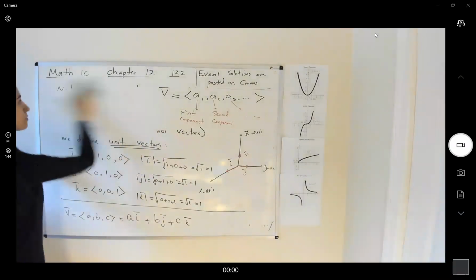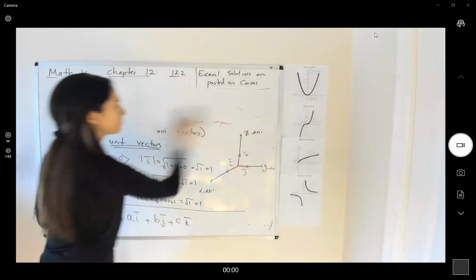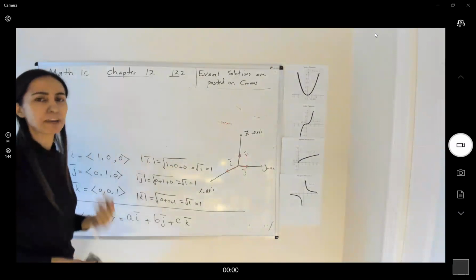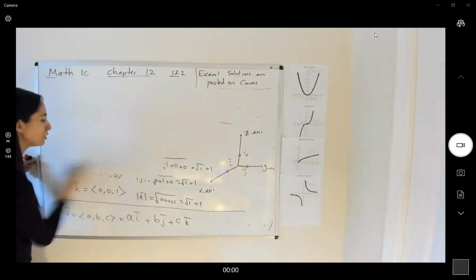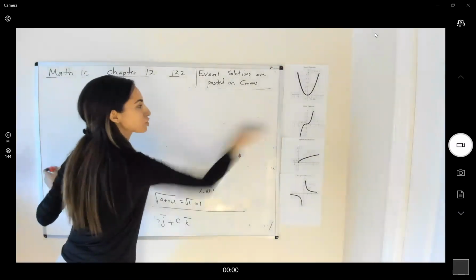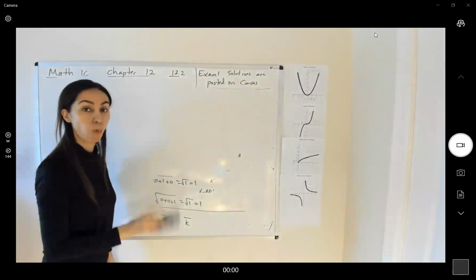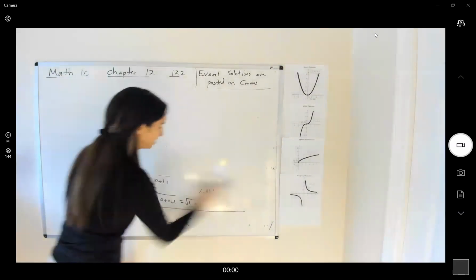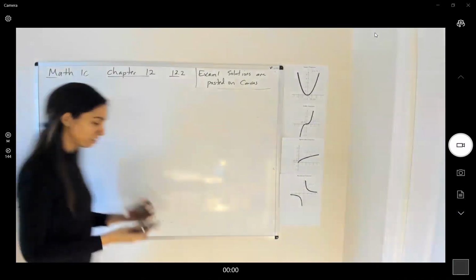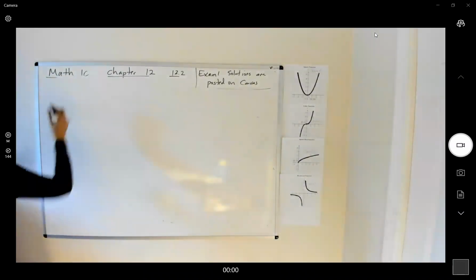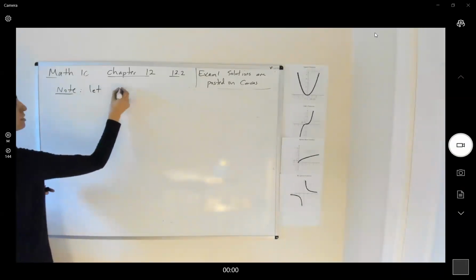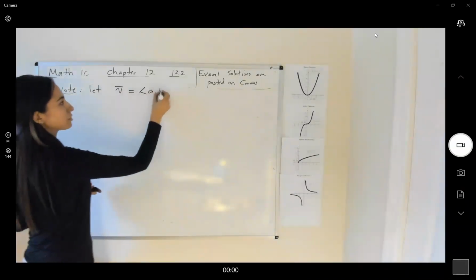There you go. So I expect you to ask, what if I don't have a unit vector? How can I form a unit vector? This is important, especially when you're taking Math 1D. There you have to form unit vectors. Note, let V be any vector.